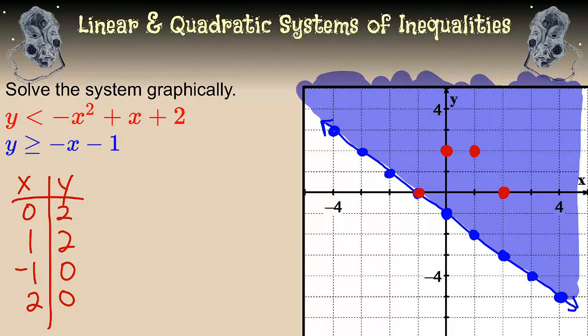Now, I don't know exactly where this point goes, but graphically, I'm not so worried about it. It goes somewhere right there, and I can go like that.